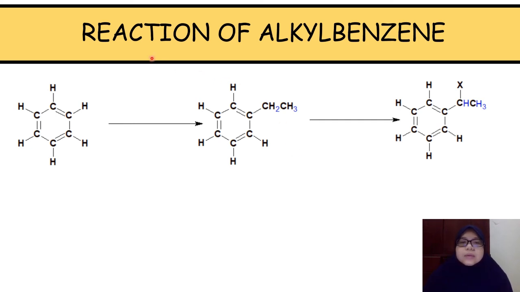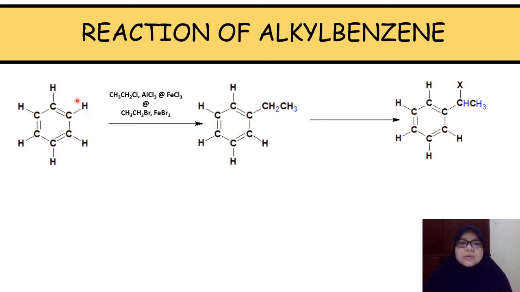There is also the reaction of alkylbenzene. We know that in the reaction of Friedel-Crafts alkylation, we substitute the hydrogen of benzene with an alkyl group, and then this alkyl group will undergo a further reaction by substituting one of the hydrogens with a halogen. How does this reaction happen?